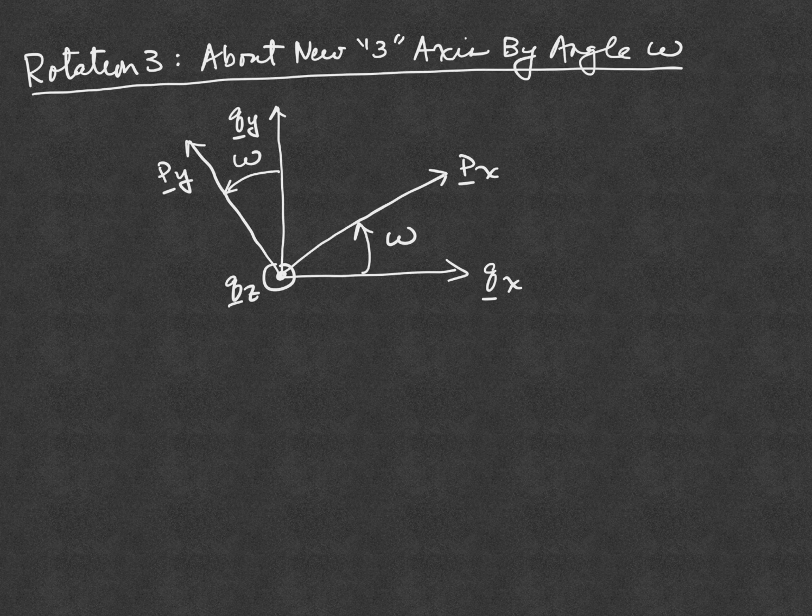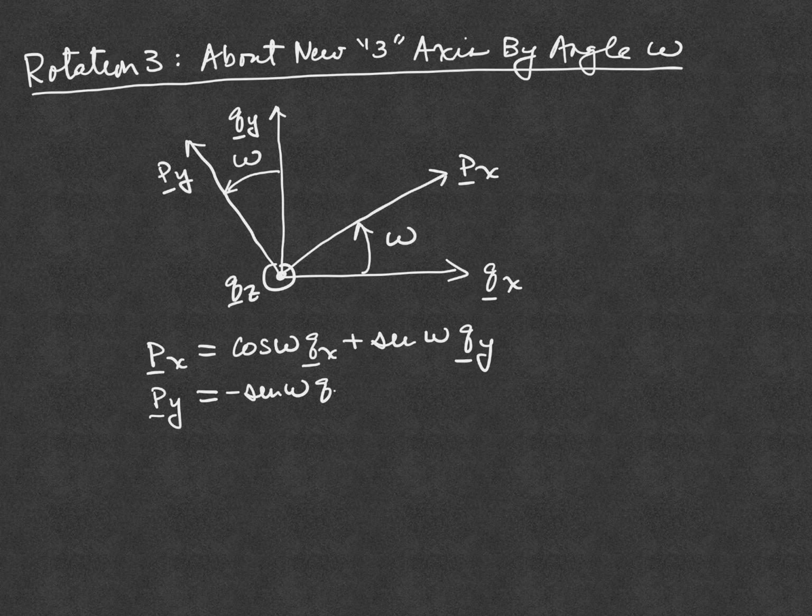So now we can write out the relationships between P and Q. So we've got Px is equal to cosine of omega times Qx plus the sine of omega times Qy. And we have Py is equal to minus the sine of omega times Qx plus the cosine of omega times Qy. And then we have Pz is equal to Qz.